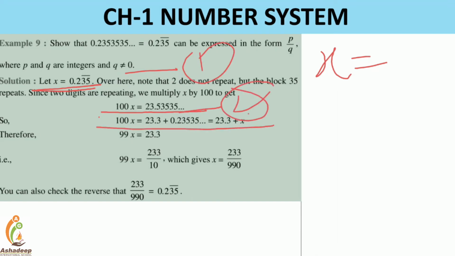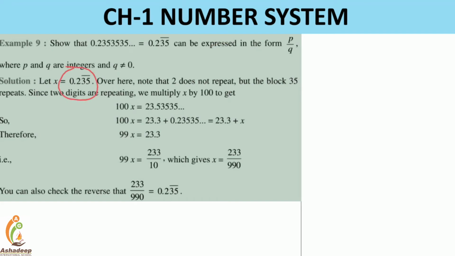Here another method is given, that I'm also going to explain, but that is a bit challenging to understand. But subtract this equation, right? So 100x minus x becomes 99x, right? And 2.35 bar, subtract it from this one.